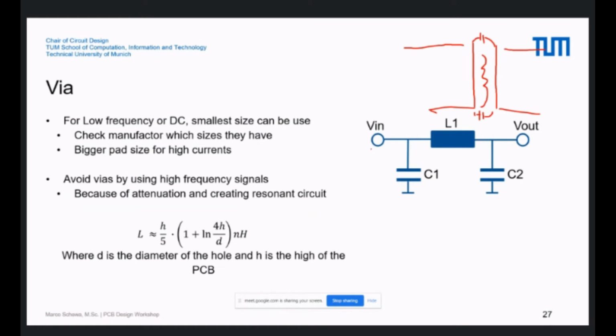That means if you have high frequency here and you are in the resonance, then your circuit is oscillating. This, of course, can also destroy your system performance. And this is a rough estimation of the inductance, how to calculate it. H is here the height, that means the distance between here and here. And D is the diameter of the hole.